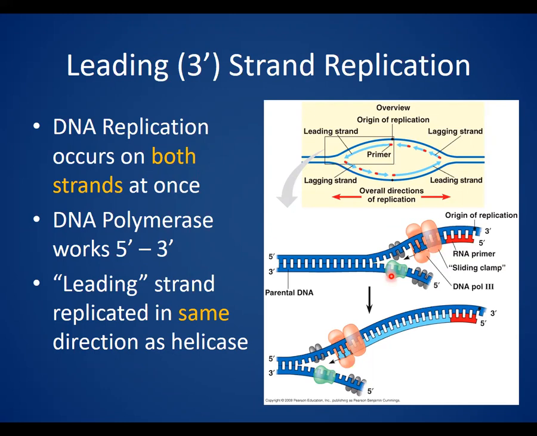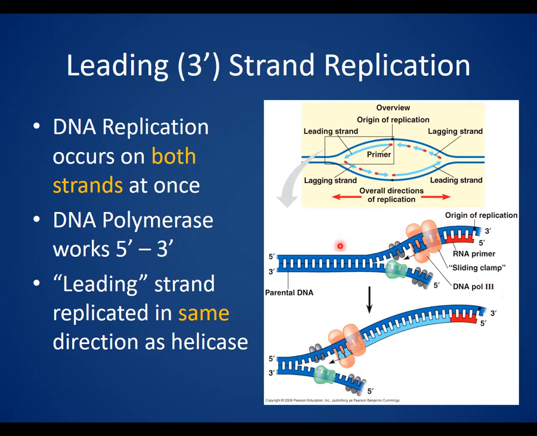The 3' strand is called the leading strand. And this is replicated in the same direction as the helicase. So as the helicase moves along, the DNA polymerase follows it. Okay, this can go as one smooth, uniform movement. As the helicase unwinds the DNA, this follows.